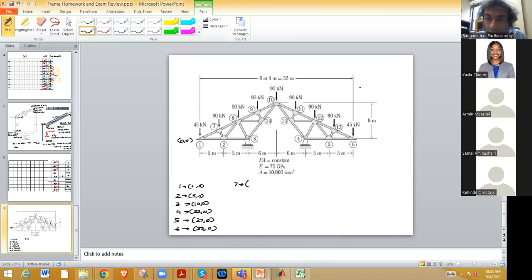So 7 is, let's see. Let's look at this small triangle for 7. This is 5. This is 2.